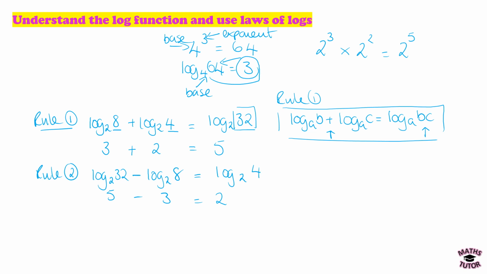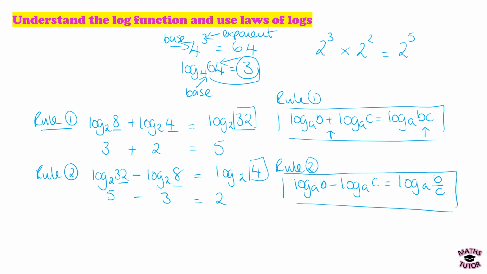Now because we're taking away the logs, you can see 32 and then divide by 8 gives you that 4. So rule 2 in terms of generally, log to base a of b, take away log to base a of c, you divide those numbers, log to base a of b over c.